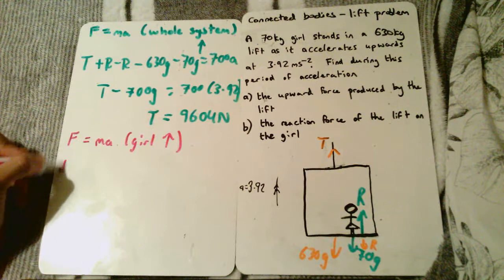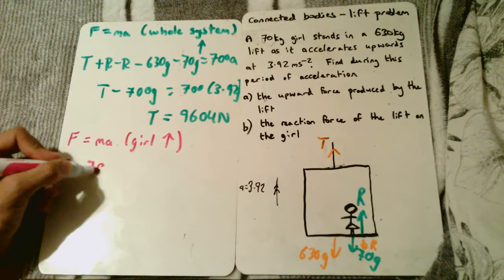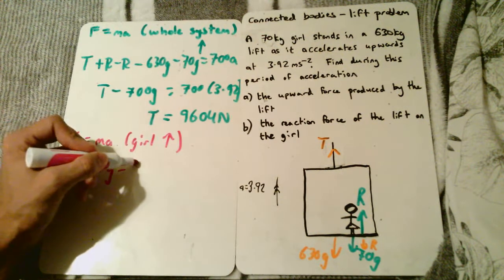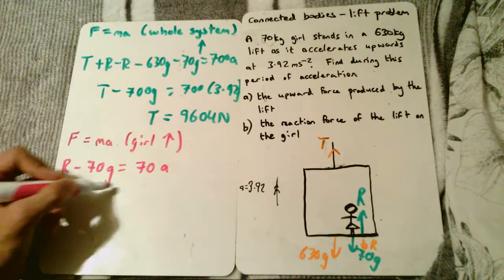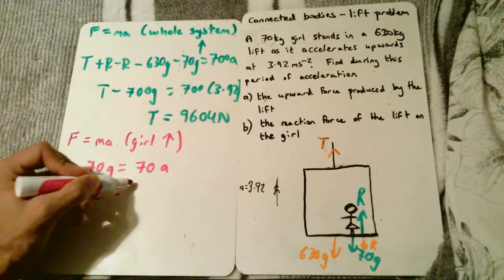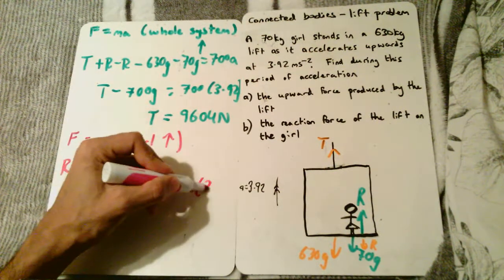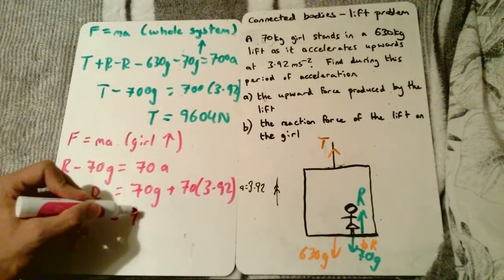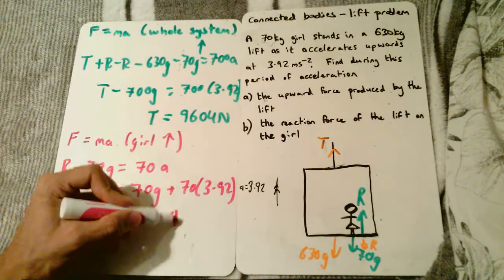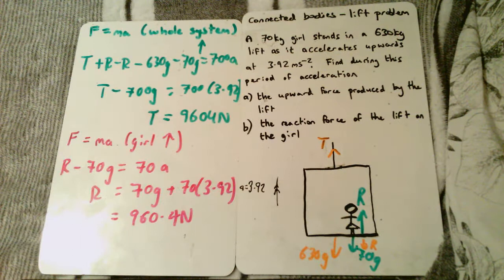Our positive force here is R. Our negative force here is the 70G, which is equal to 70 times A, and that gives us R is equal to 70G plus 70 times 3.92, which gives us a value of 960.4 newtons.